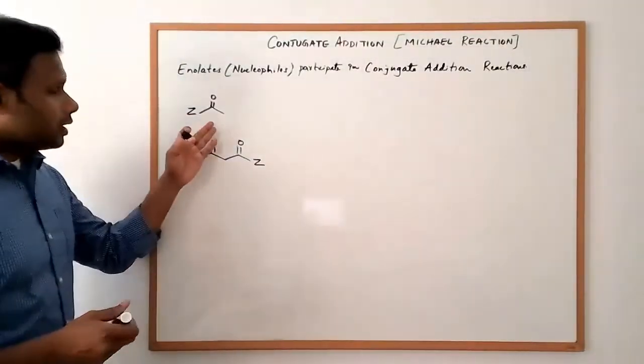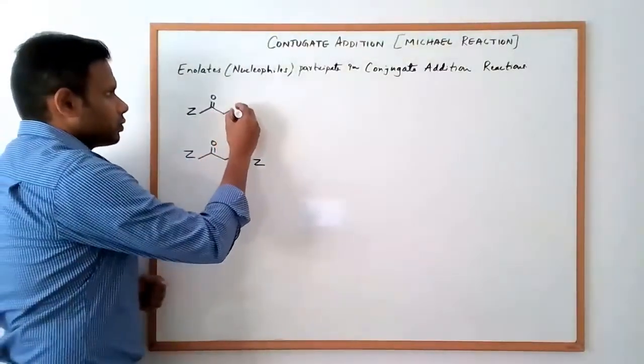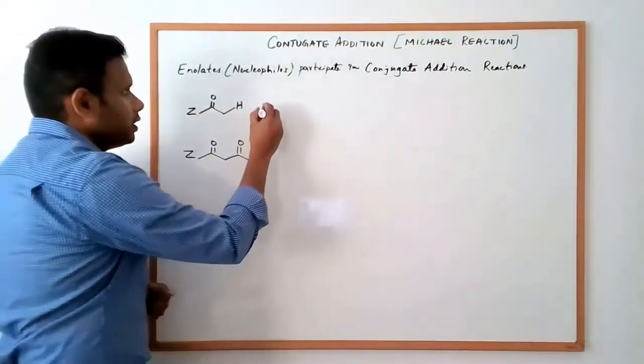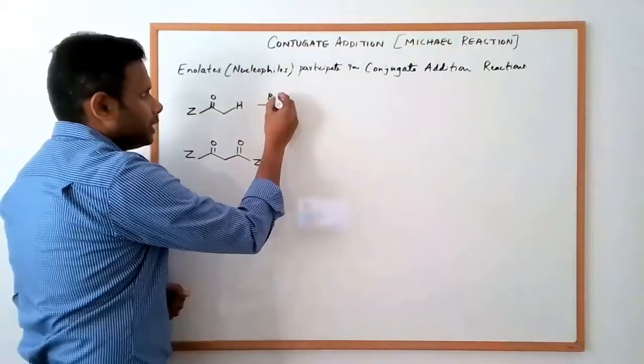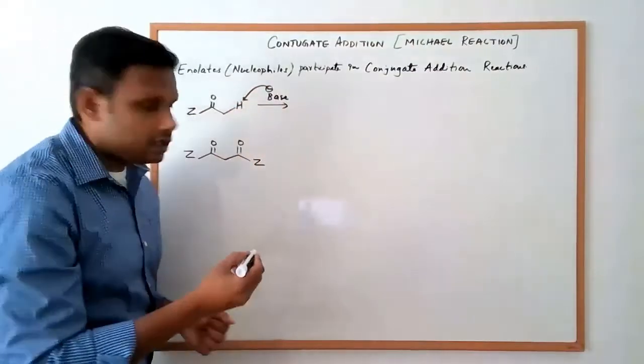Now, for enolates of simple compounds, so for example, if we have a compound which has only one carbonyl or acyl group in it, you can react this with a base and you can generate an enolate.